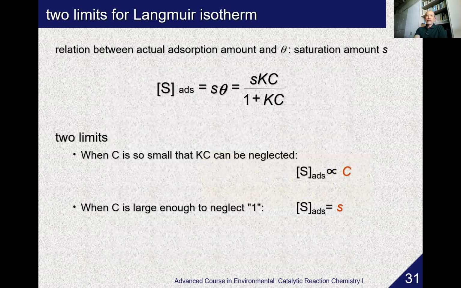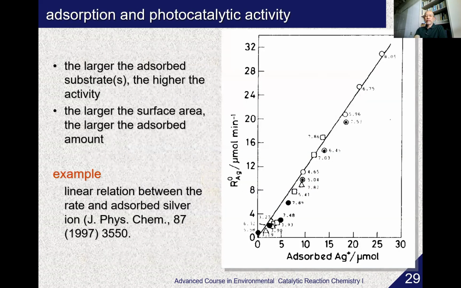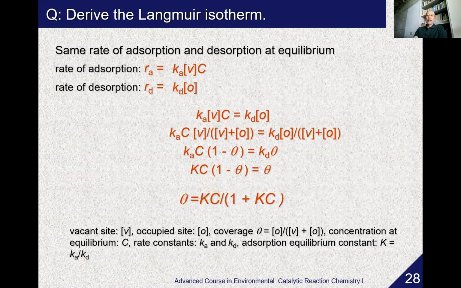And then, so you should remind those derivation. So this type of derivation is not limited to Langmuir isotherm derivation. That is very important point. And you should remind those processes making those derivations.